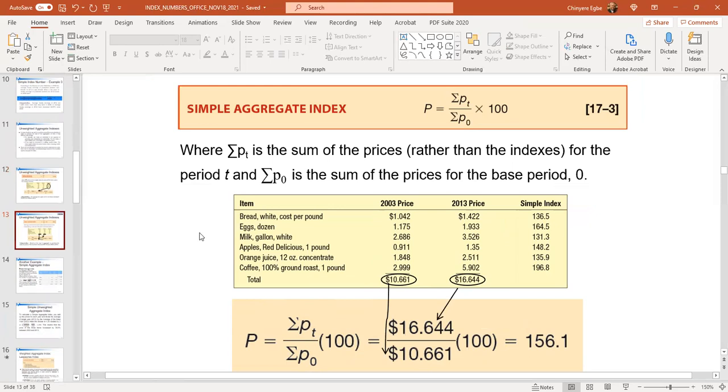Now, you can do a simple aggregate index in another way. For example, here you look at the price of these goods, a very simplified conceptualization.